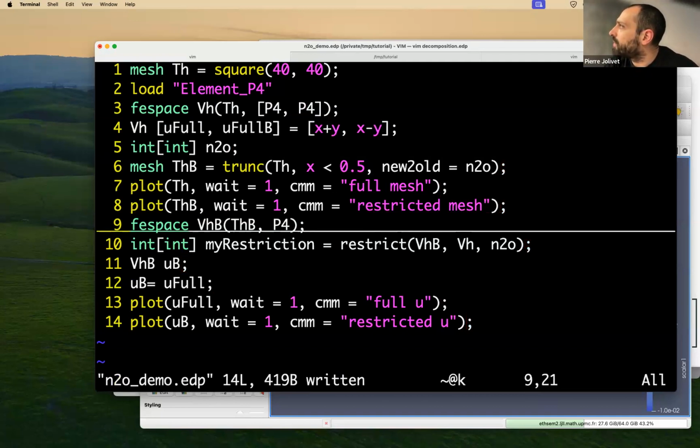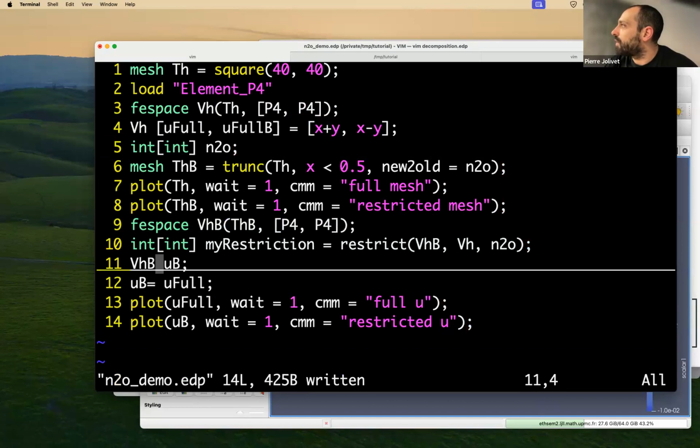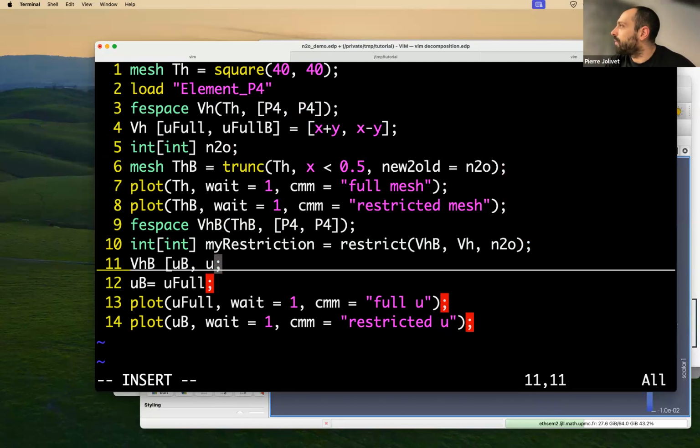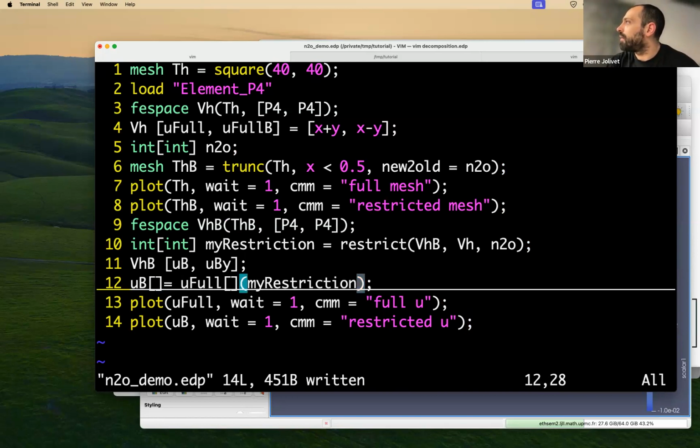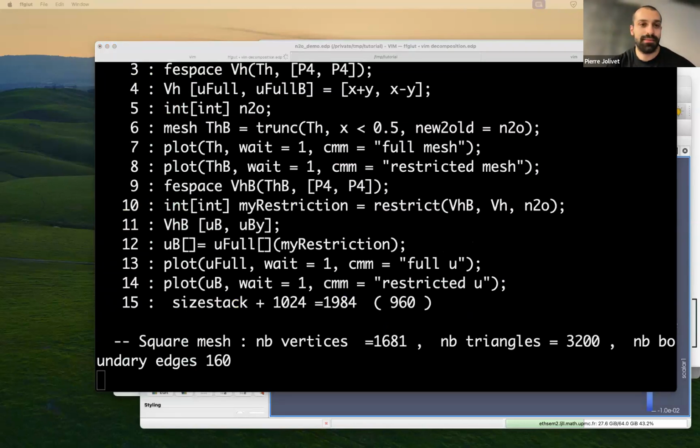It's the same, it's the same. And of course here, UB, Y, and then UB equals U full my restriction.